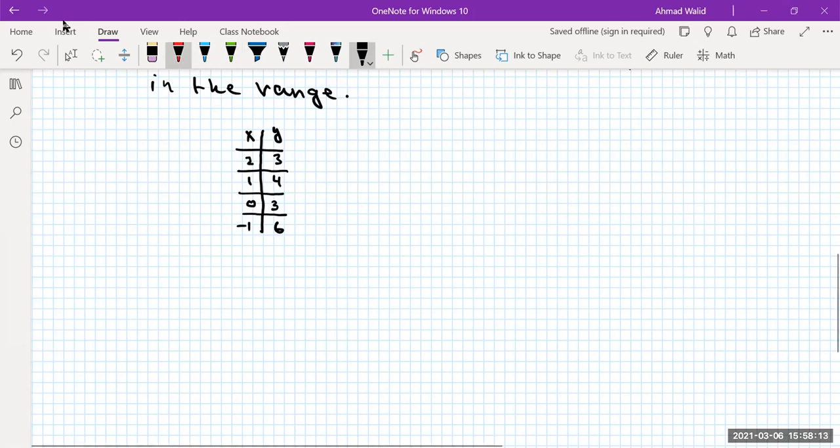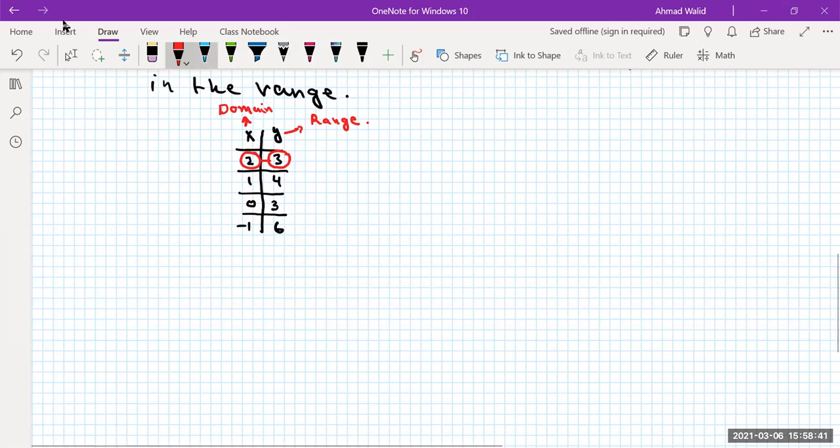Each element in the domain, we call X, and we call Y the range. Each element in the domain has only one corresponding element in the range.